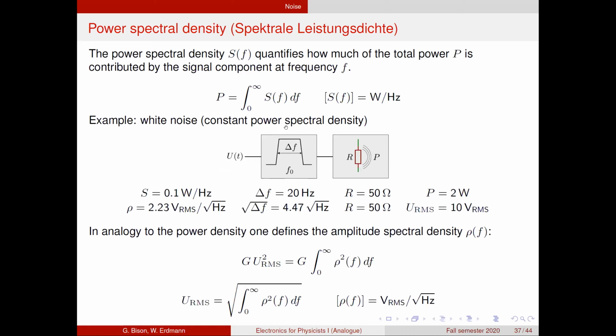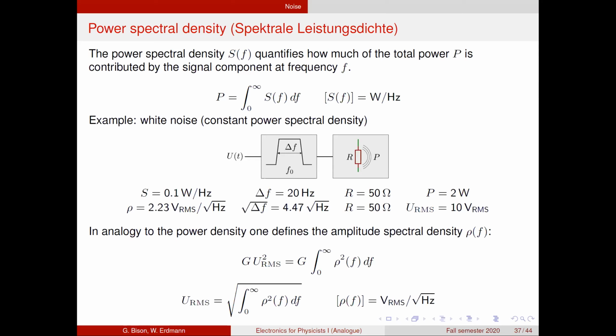Now we can do an example, and let's use the bandpass filter we've just seen. We take a signal with a constant power spectral density, and then we let it pass through a filter with a given filter bandwidth, and then we use a resistor to convert whatever comes through to power.